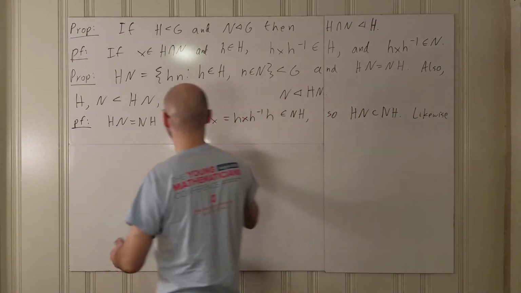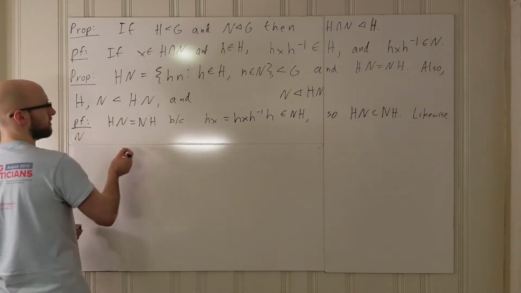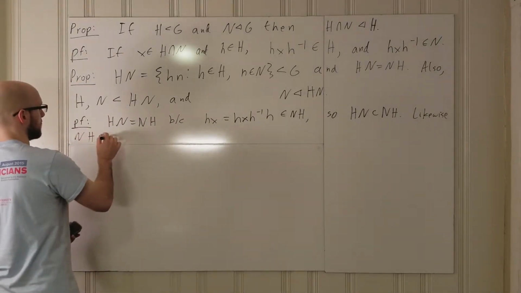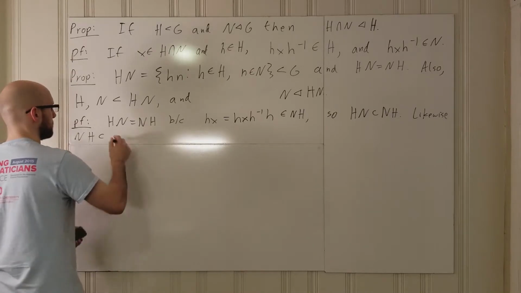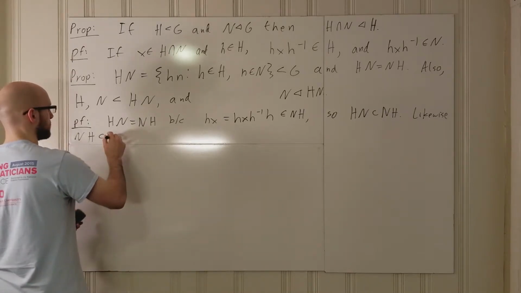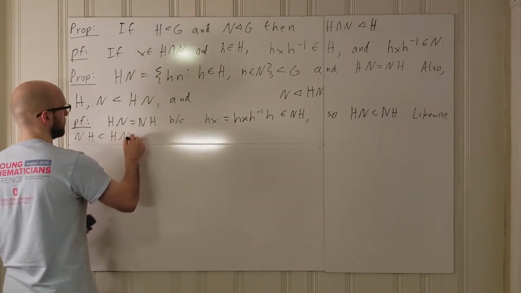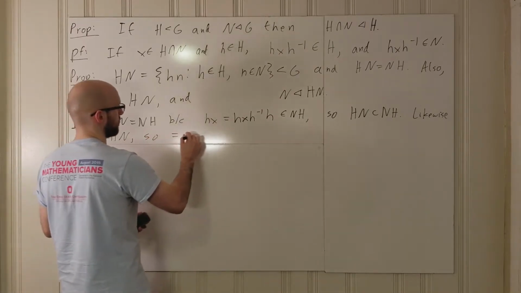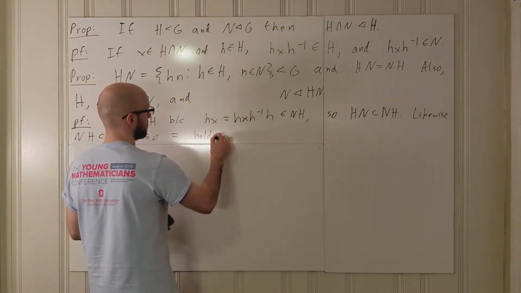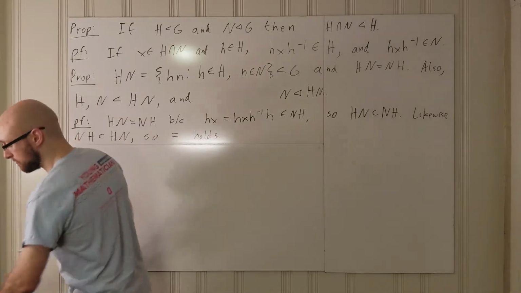Then likewise, you do the same argument but backwards, or you flip it, and you get NH is contained in HN. So equality holds. Okay, so that's that part of the proof.